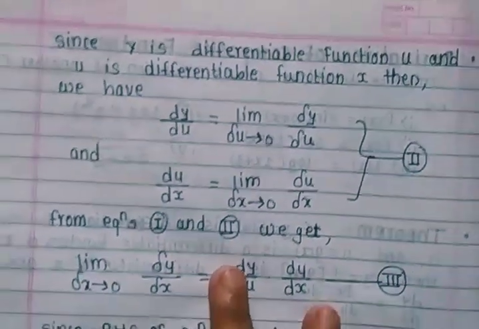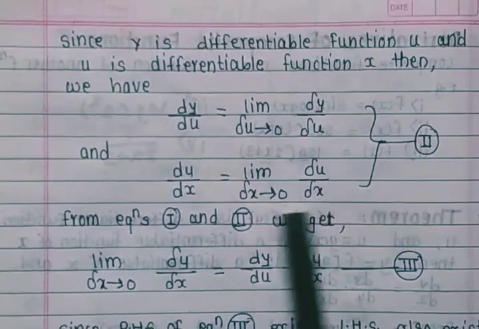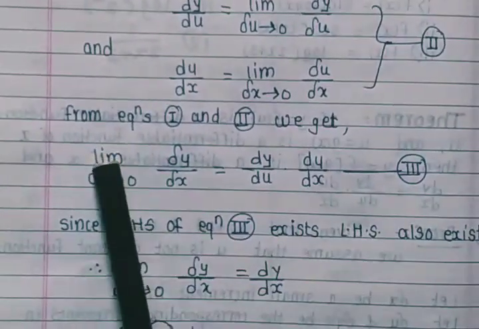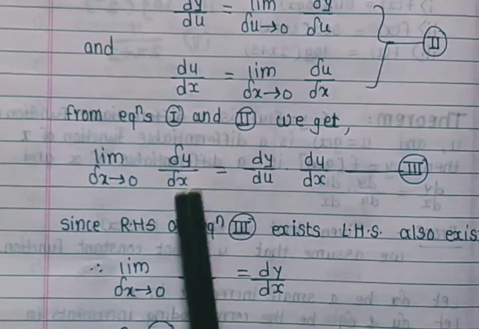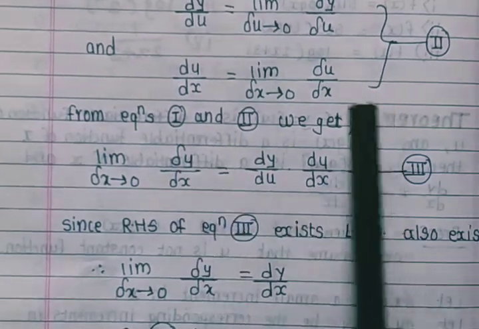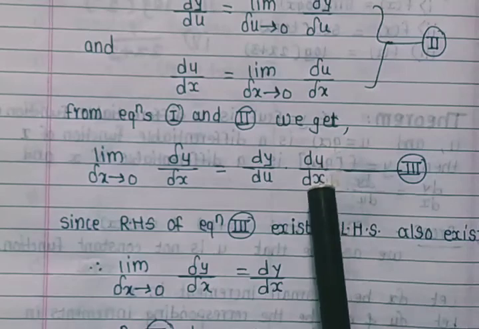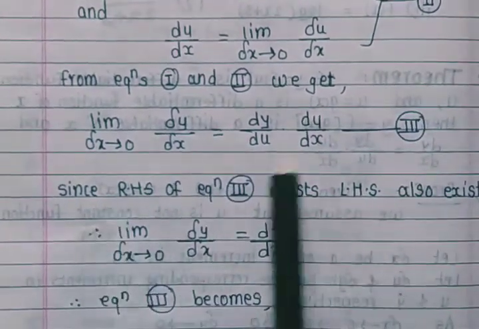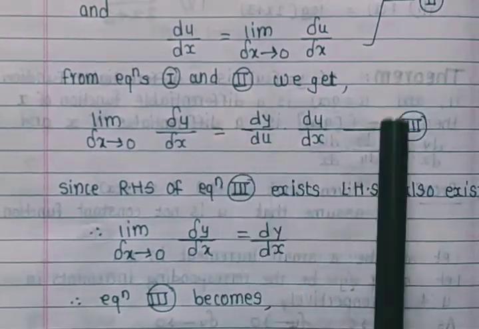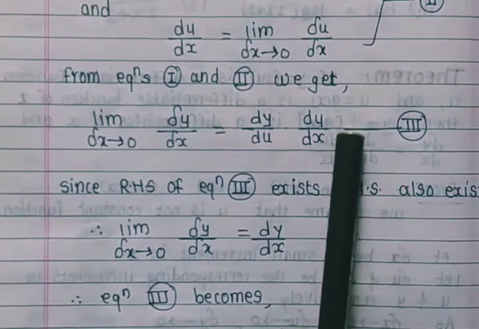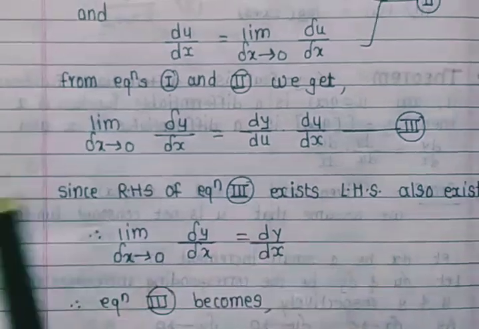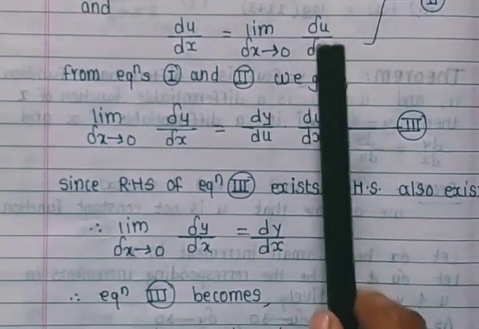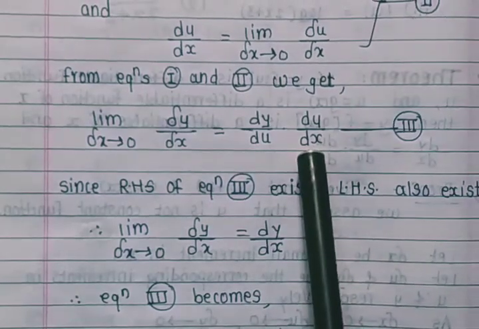From equations 1 and 2, using these limits, in equation 1 we get the LHS as it is, limit delta x tends to 0, delta y divided by delta x, is equal to dy by du into du by dx. Consider this as equation number 3. Observe the RHS of equation 3: it is represented in the form of derivatives dy by du into du by dx. So the limits exist and can be written in the form of derivatives.